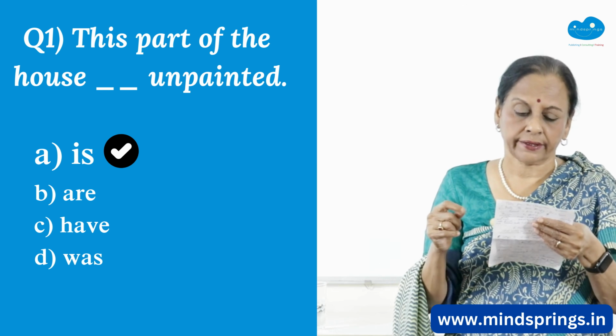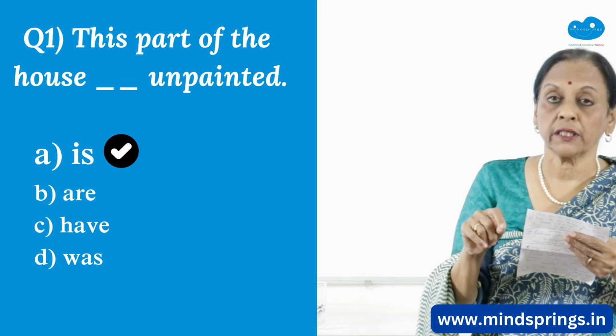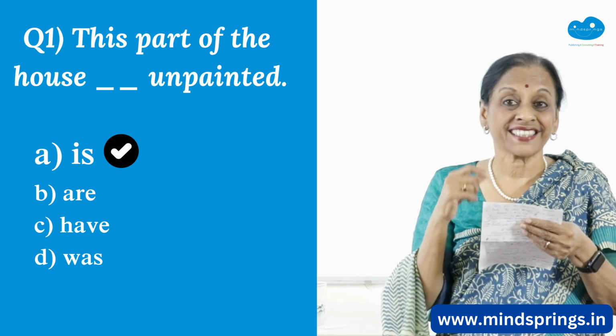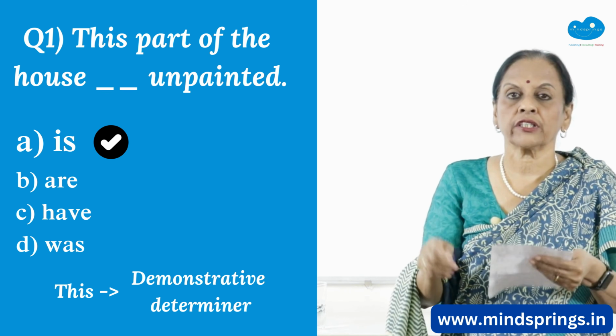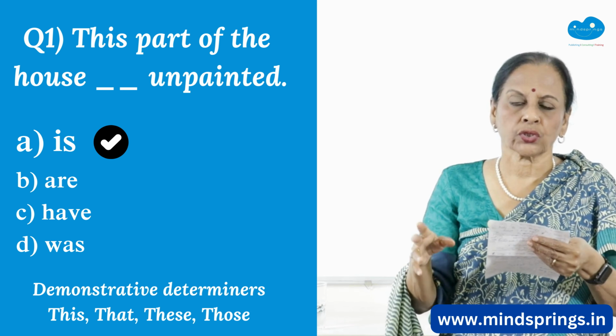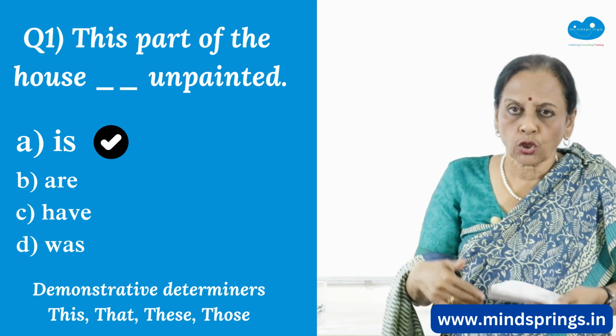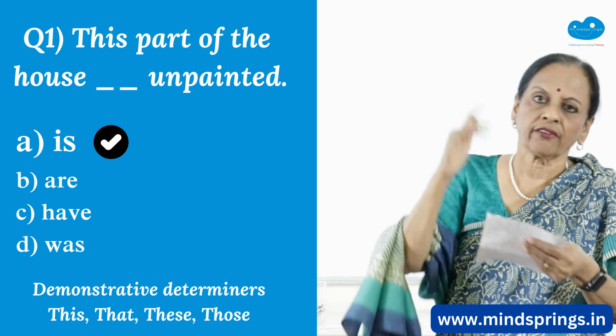And why is it correct? Because when you have a determiner, this is called a demonstrative determiner. Demonstratives are 4: this, that, these and those. This and these are close by, and that and those are far away.